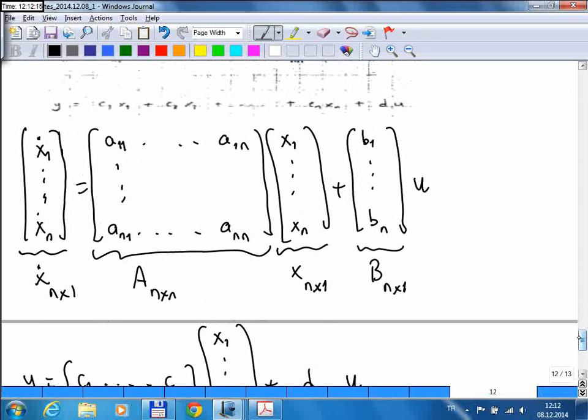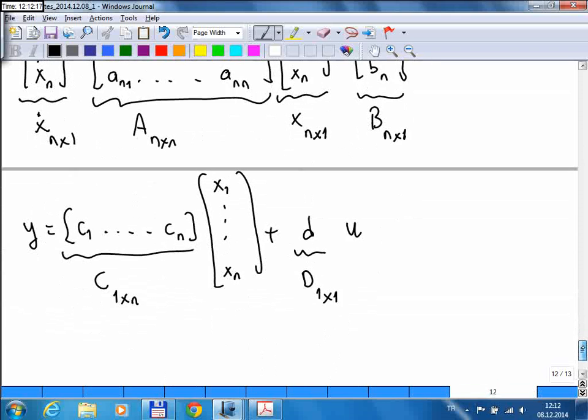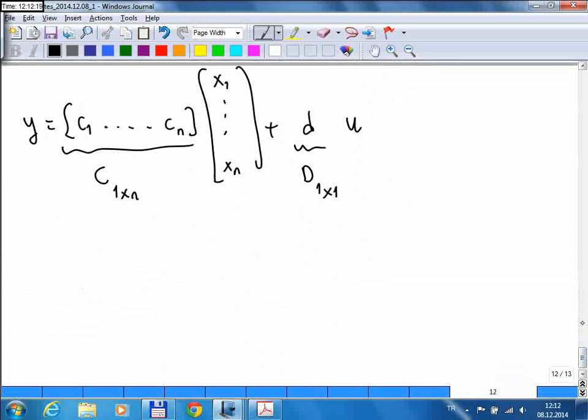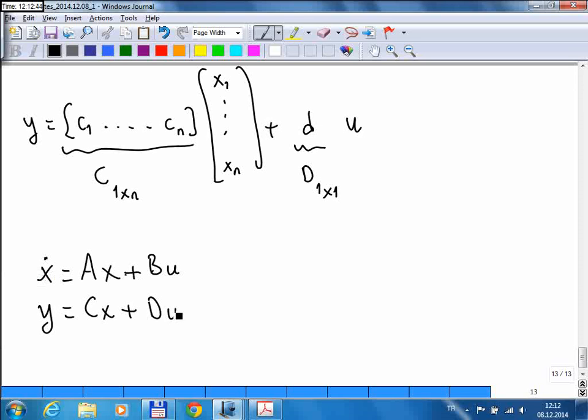Okay, so for linear systems, the state space equation can be written in matrix differential equation form as follows. We have x dot equal to Ax plus Bu, y equal to Cx plus Du.